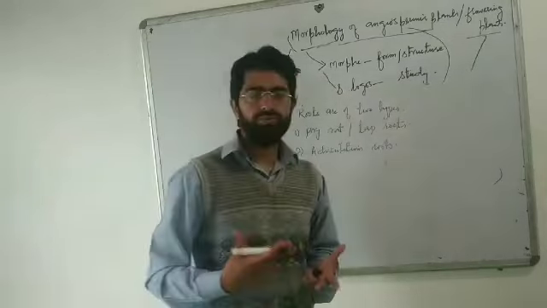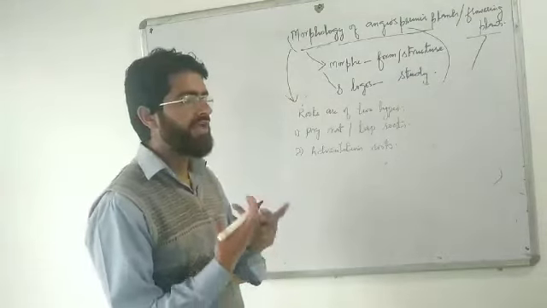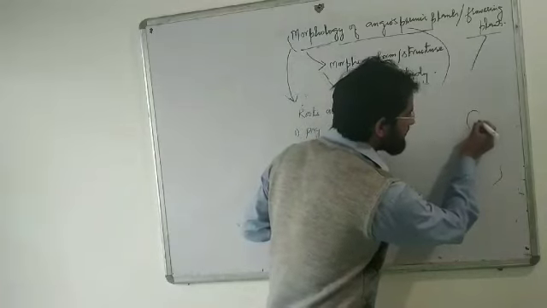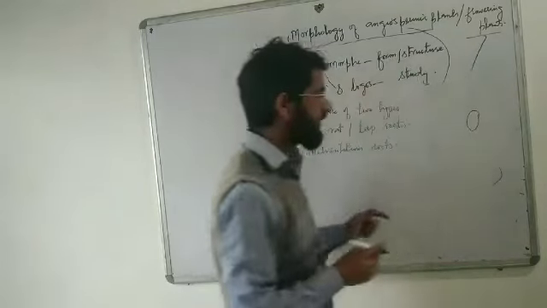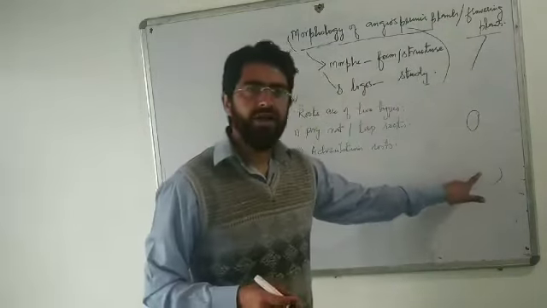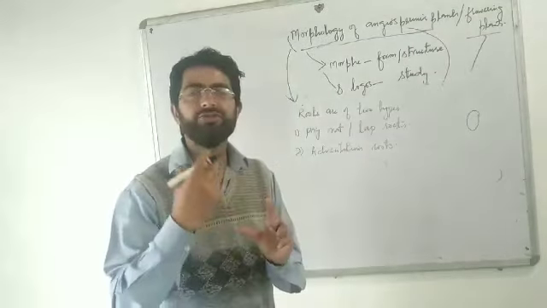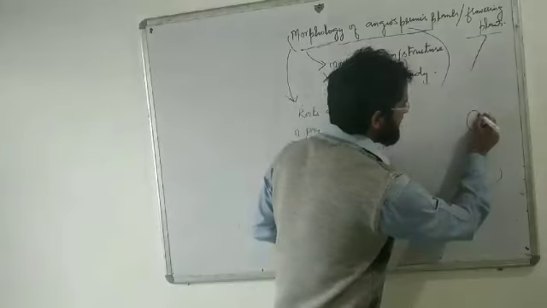As we all know, plants grow from a miniature structure which is known as a seed. Within the soil, the seed germinates and forms a small miniature plant like this.